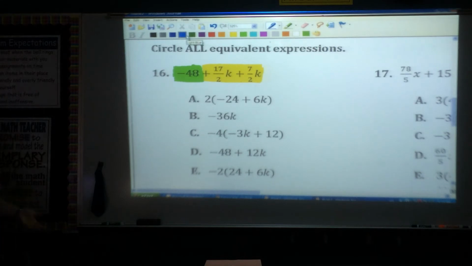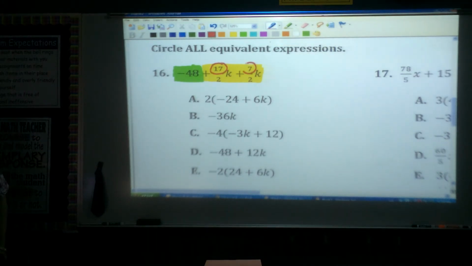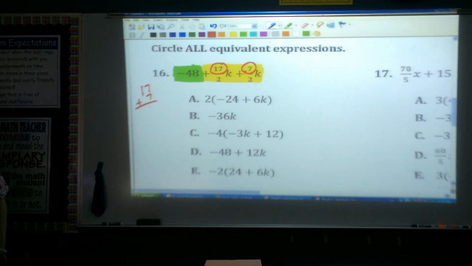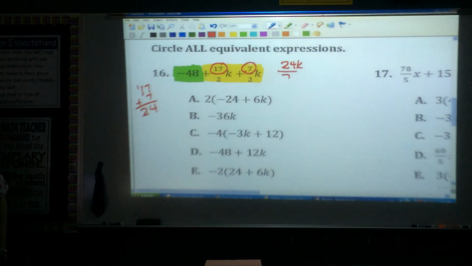Fortunately, they have the same denominator and the same sign. They're both positive. So we have 17 plus 7. If you have to write it down, then write it down. So we have 24k over 2, which simplifies to 12k, and then minus 48.